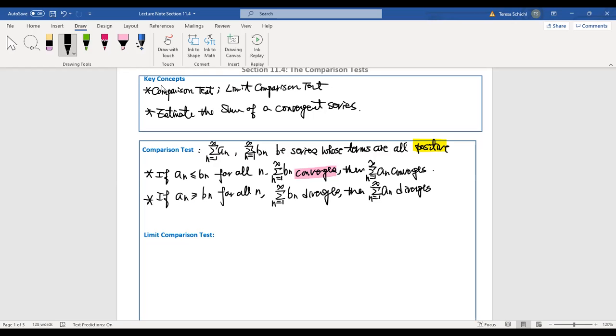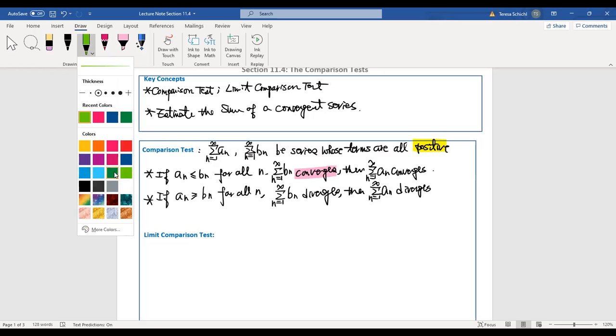For the comparison test, what you typically want to do is compare to an existing known series. So far we know a few series.